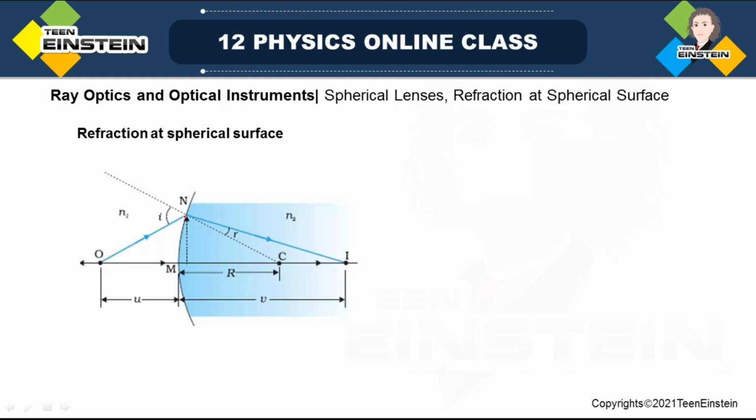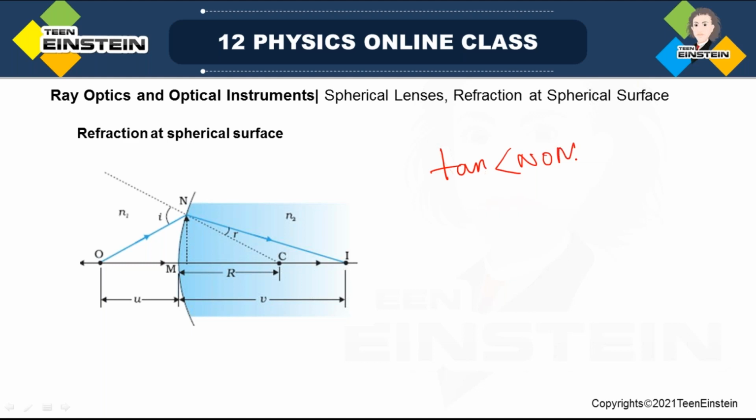So MN is the normal on the principal axis.